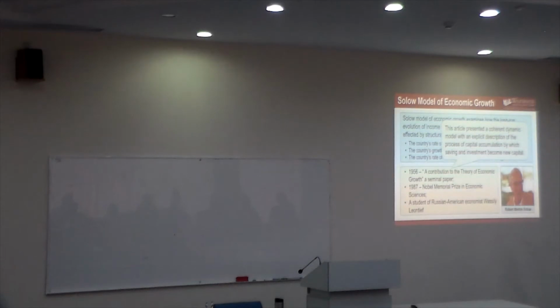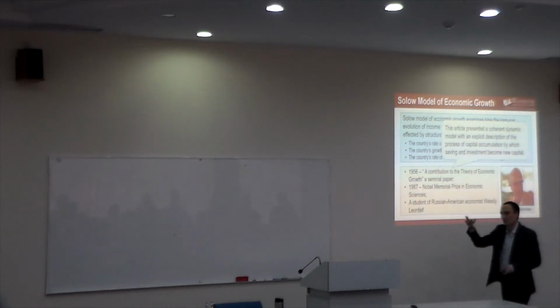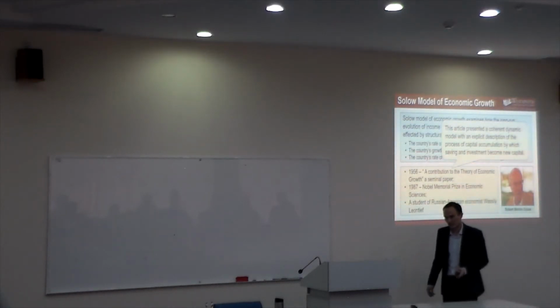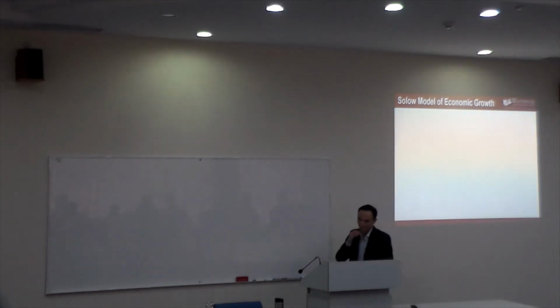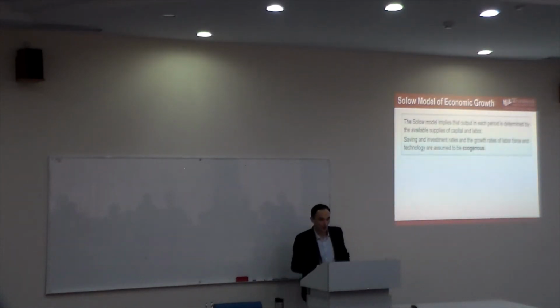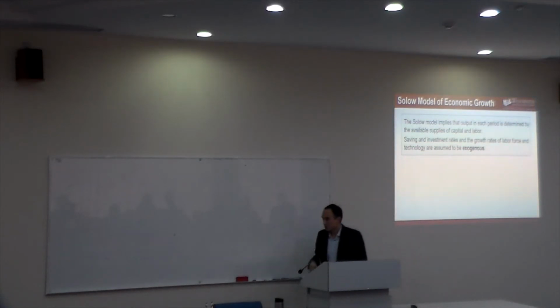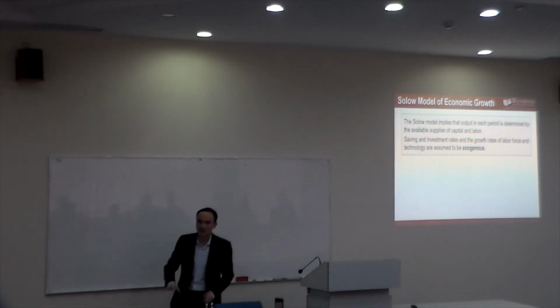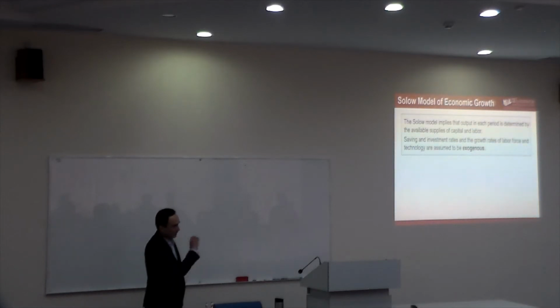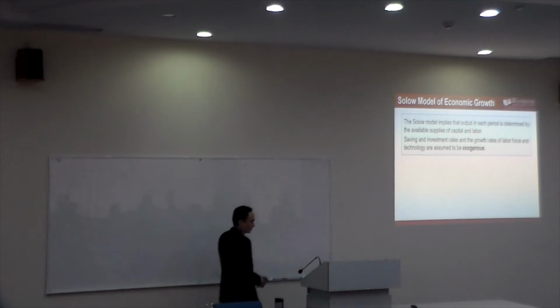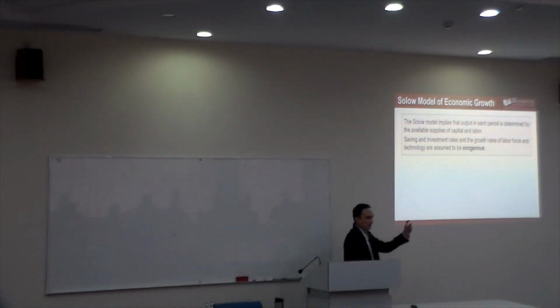This article mainly considers the capital accumulation, and how the saving and investment rate is going to become new investment. Solow, because the Solow model considers the Cobb-Douglas production function, which includes technology, capital, and labor.